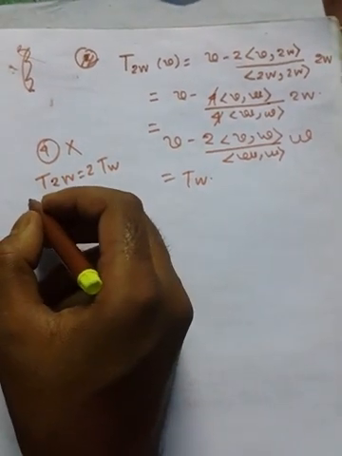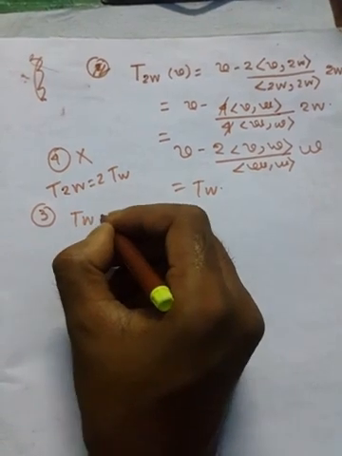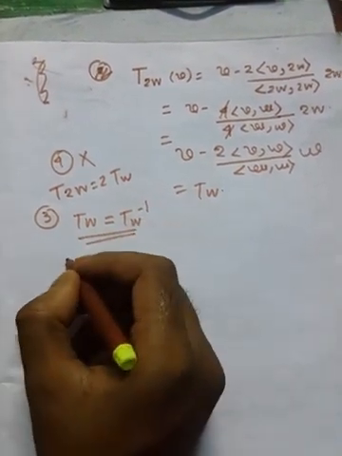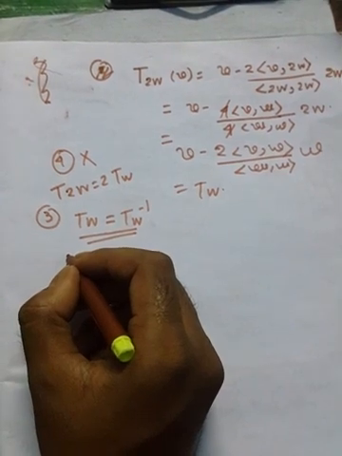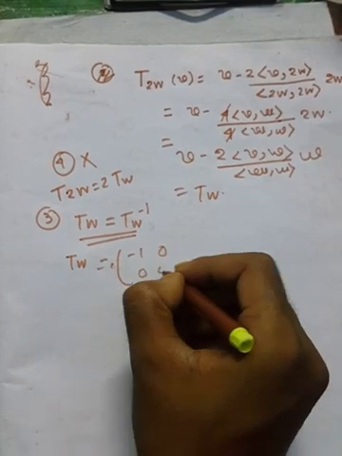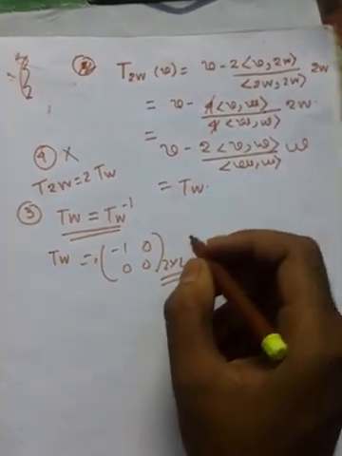Now next we check option 3. Option 3 is TW equal to TW inverse. For simplicity we take a 2 by 2 matrix.